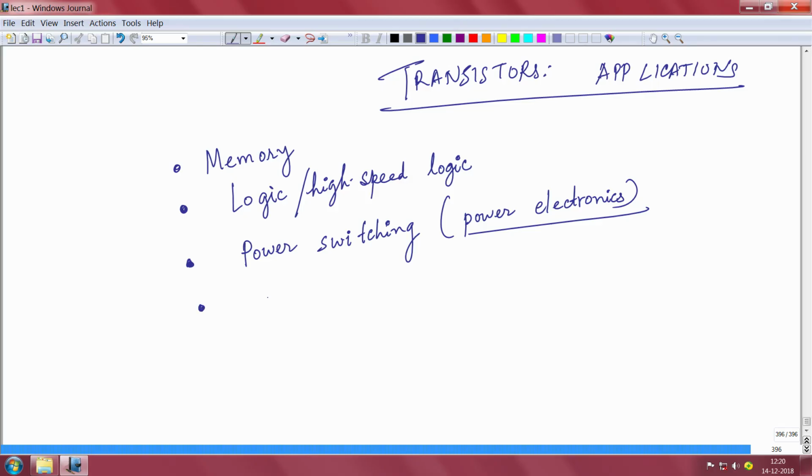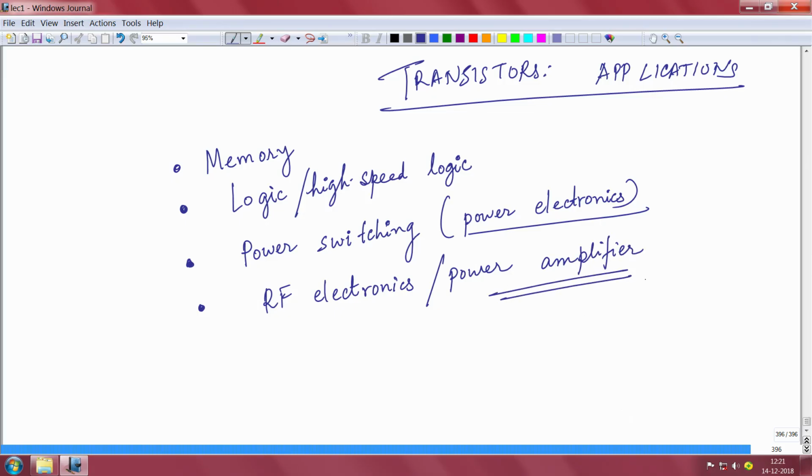And then you have RF electronics. RF electronics is basically like a power amplifier. Okay, your RF power amplifier, where you amplify the RF signal to get power output. Your cell phones, your radar, satellites, and 5G communication that will be used now, they are all RF electronics, by the way.